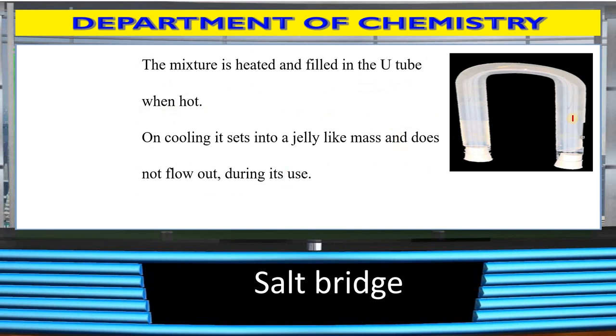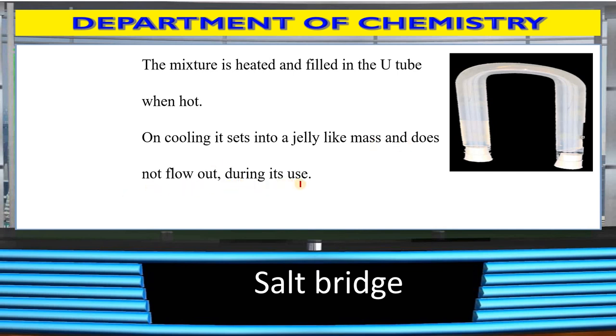We need to fill that hot solution into the U-shaped tube, and after cooling that solution in the tube, it will convert into a jelly-like mass and does not flow out.